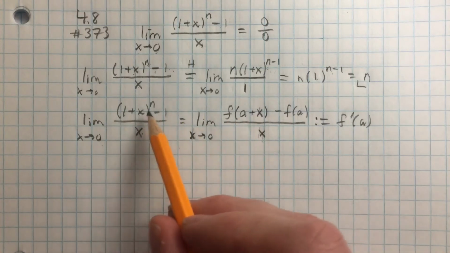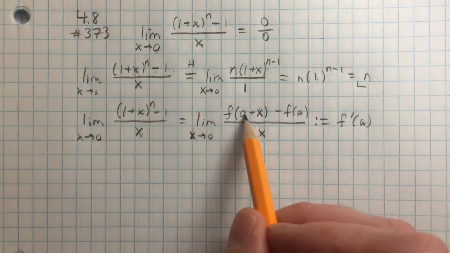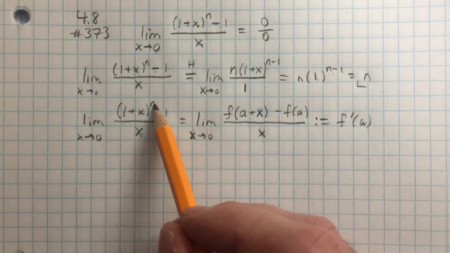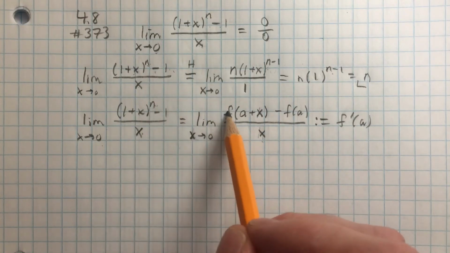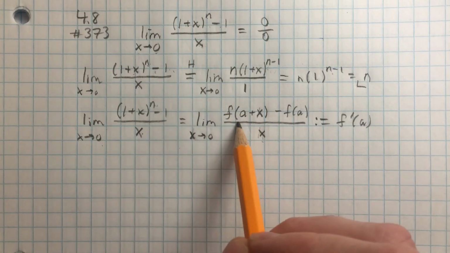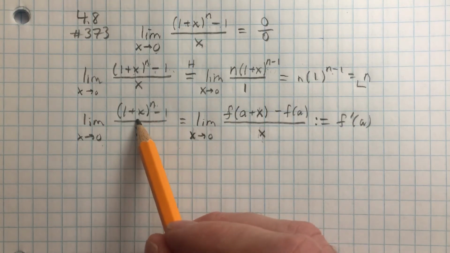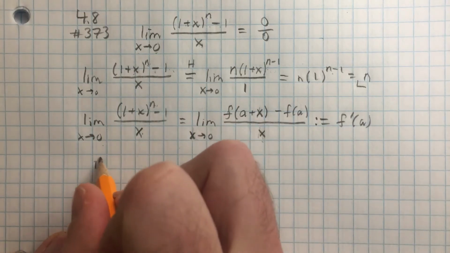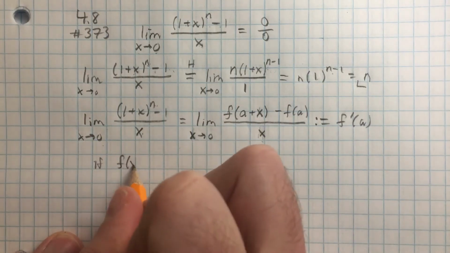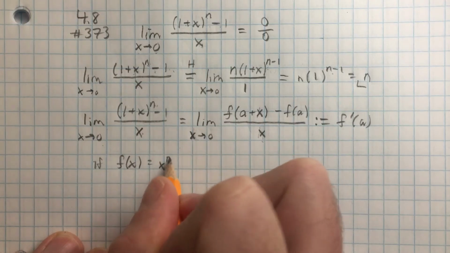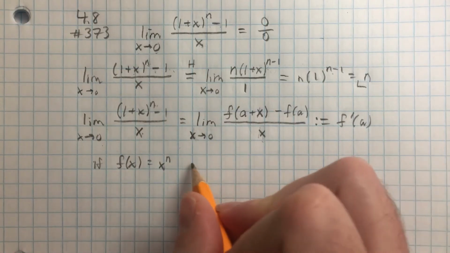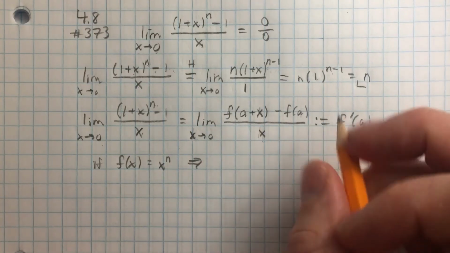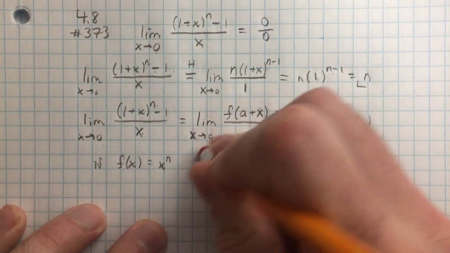I've got some kind of function here happening to a plus x. Well, what's the function? It looks like it's the nth power function. The nth power function is f, and a is apparently 1. If that's the case, if f of x is x to the n, the nth power function, then I would expect that f of a, let me write one more thing here.